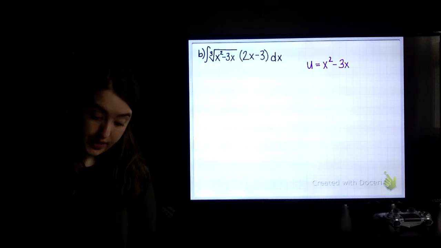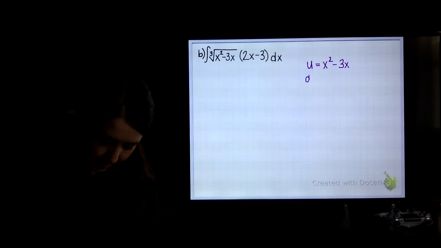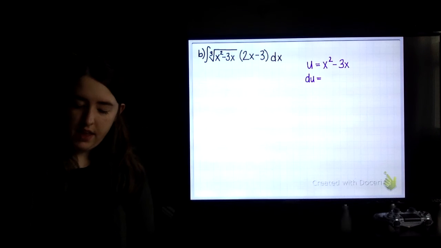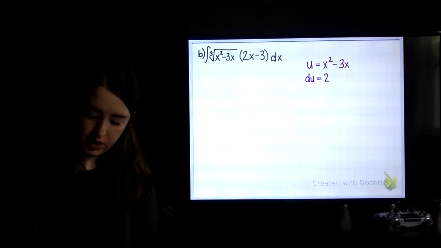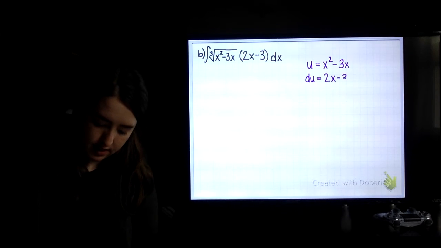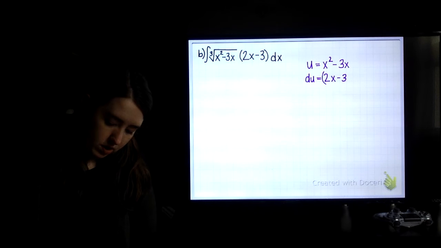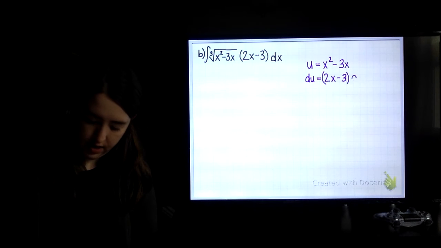So I'm going to take the derivative of u. That means I have du equals, the derivative of x squared is 2x minus, and the derivative of 3x is 3. All of that dx.